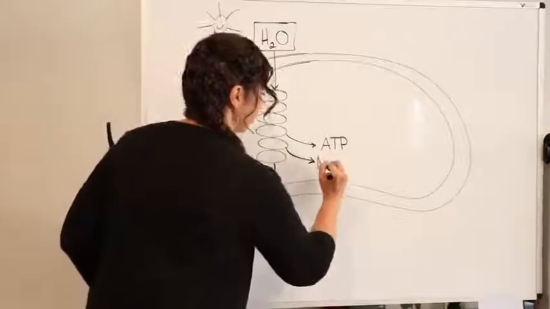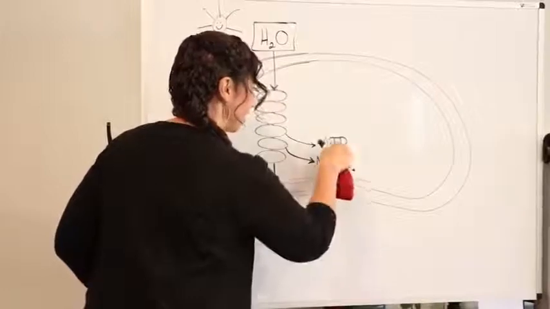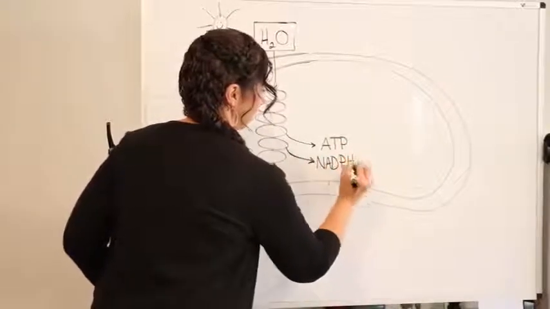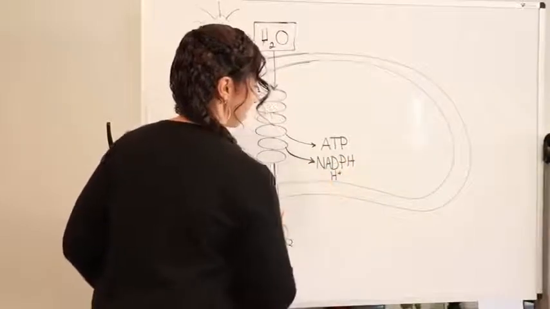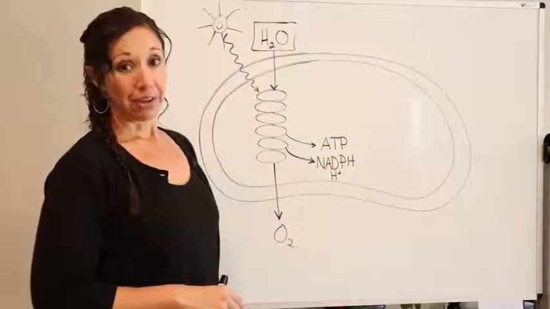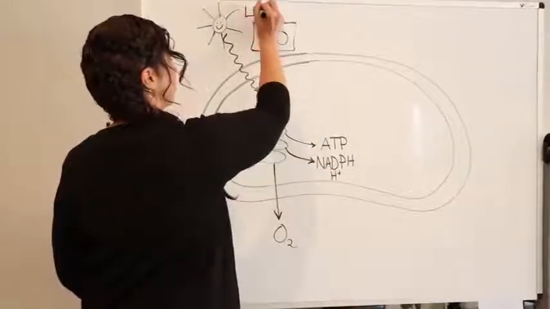So NADP, I forgot the D. NADPH, and a proton, because protons like to hang out with the electron carriers. Those also get made during that time. So this would be the light reactions.